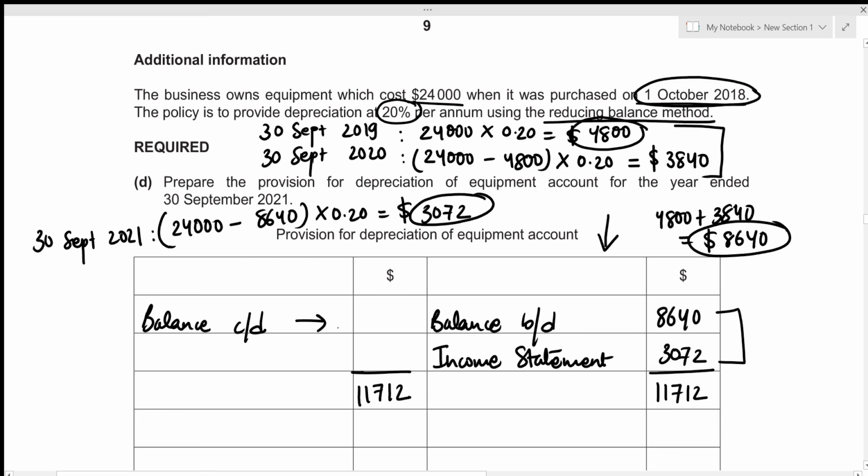And since this is the balancing figure, we need to deduct other amounts from the total. And since there are no other amounts, the total will be the same value as our balancing figure. So that's 11,712. Now we need to record this closing balance as an opening balance for next year. So that's balance brought down with the value 11,712.